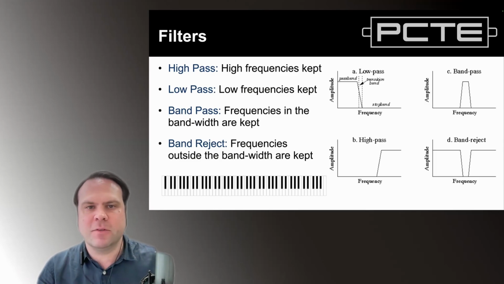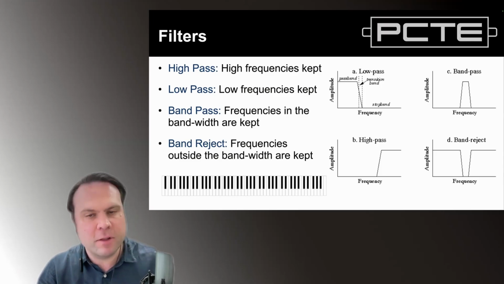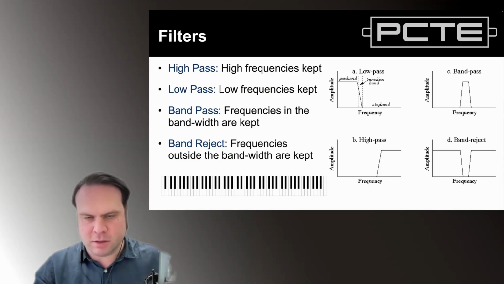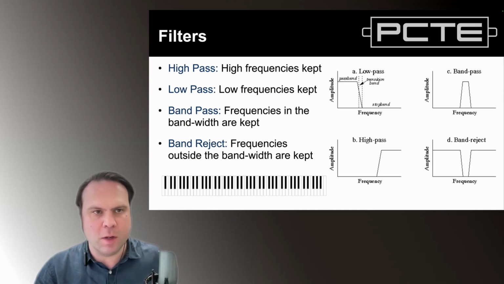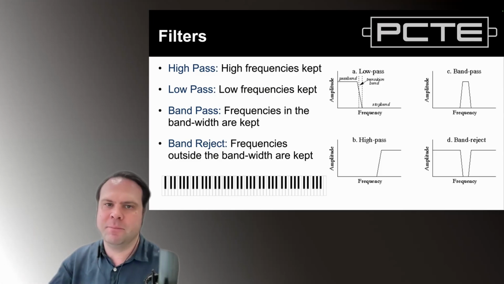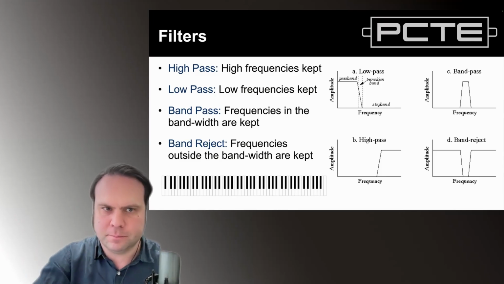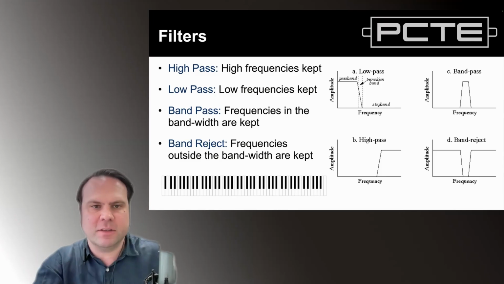Now, a band pass filter is a combination of both. It gives a band which it passes. So no frequency lower than its low boundary and no frequency higher than its high boundary, but the frequency in the middle, essentially a portion of the keyboard in the middle. And a band reject filter is going to be the opposite.